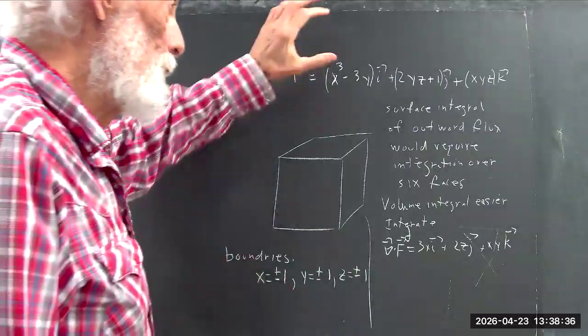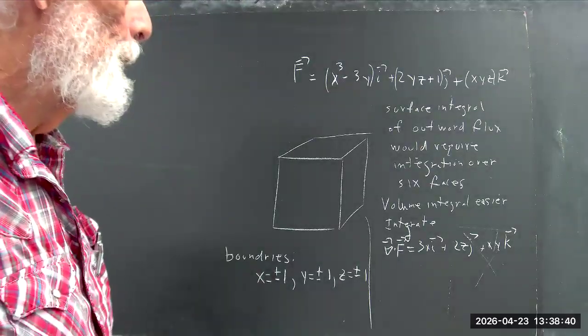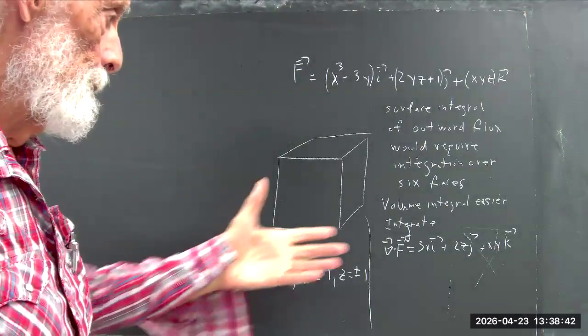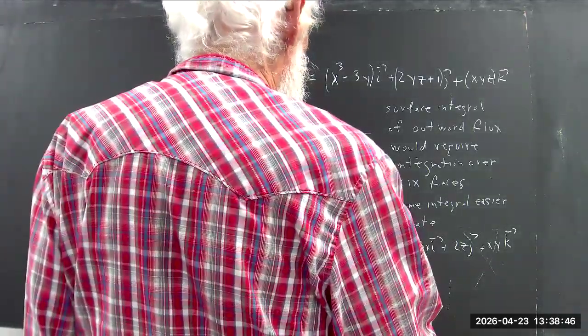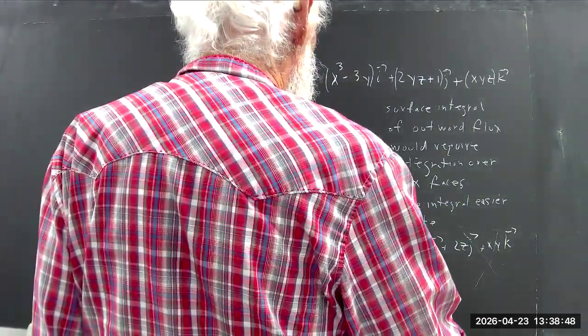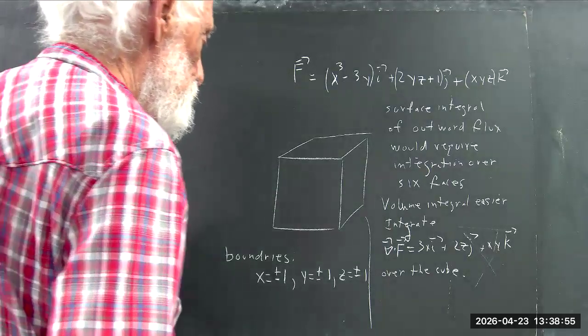Del dot L: x derivative of this, y derivative of this, z derivative of this. I've got all the constants there. Then integrate this over the cube.